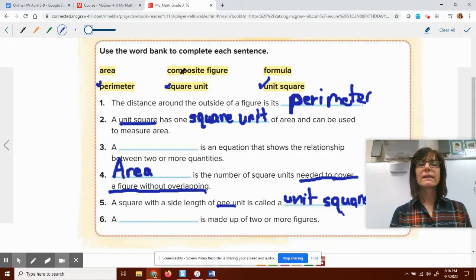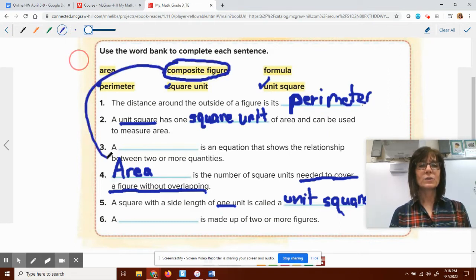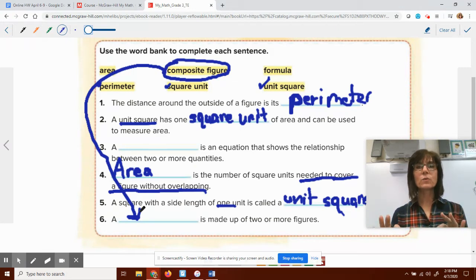We called that composite figure or formula, which makes the most sense? If you said composite figure, you are correct. So you can put composite figure right down there in number 6. I'd prefer for you to actually write out the word so you become a better speller.